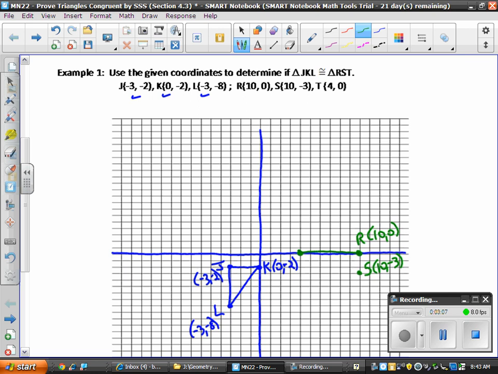So here is again another right triangle. And we are going to again determine if those two are congruent. They don't look very congruent, but we're going to determine that in a moment.